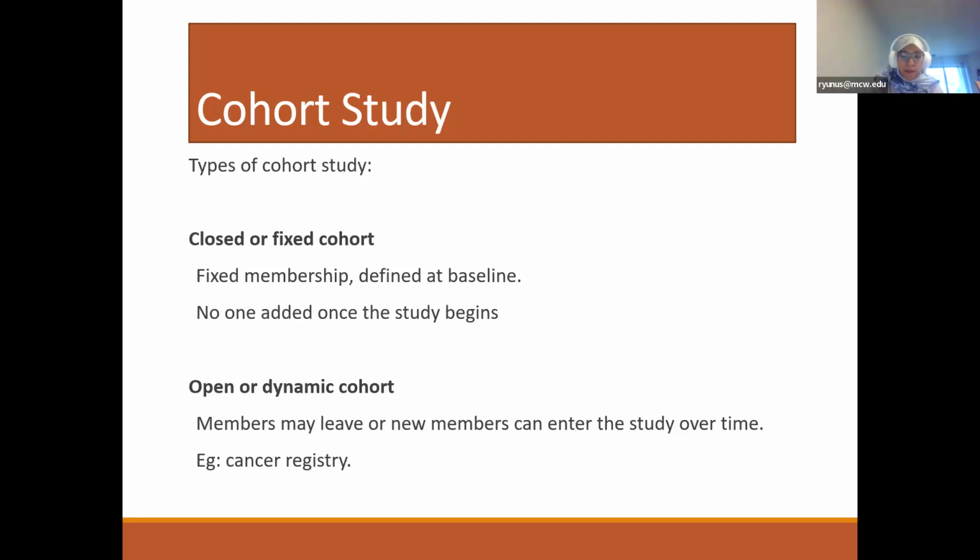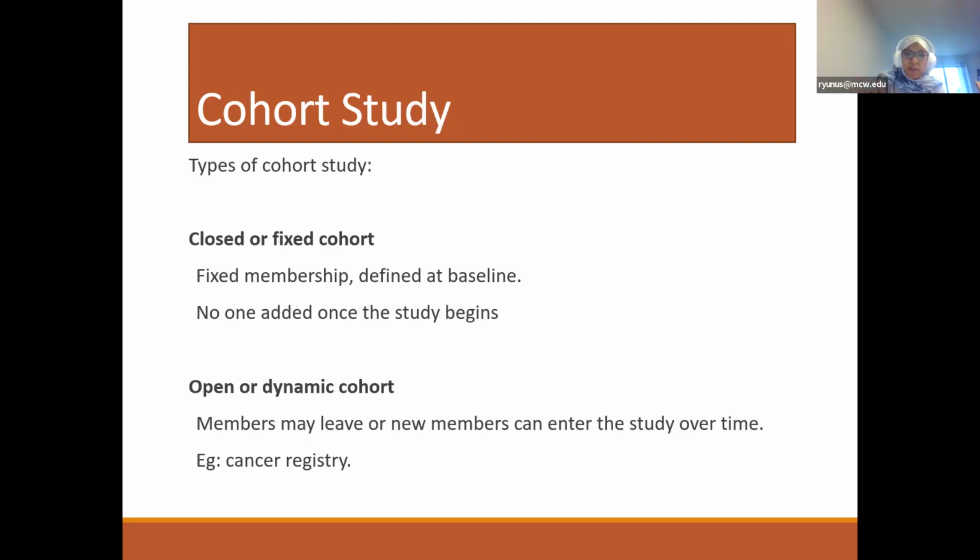Okay, so for example, if you are conducting a study to observe people with a certain risk factor to see whether they maybe get cancer or not in a duration of 5 years, for instance. So if it's a closed cohort, right, and you start with 1,000 respondents, you will not add any members. You will just stick to those 1,000 people until the end of 5 years. So obviously by the end of 5 years, you will have less, right?